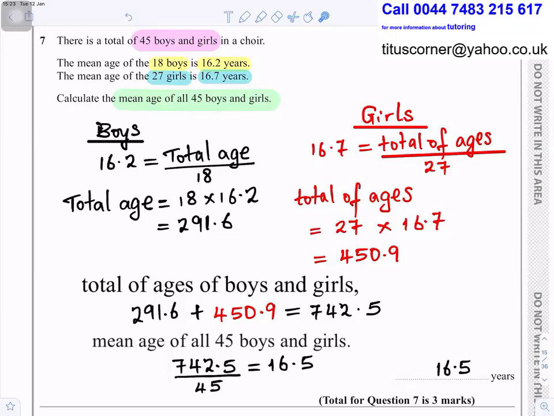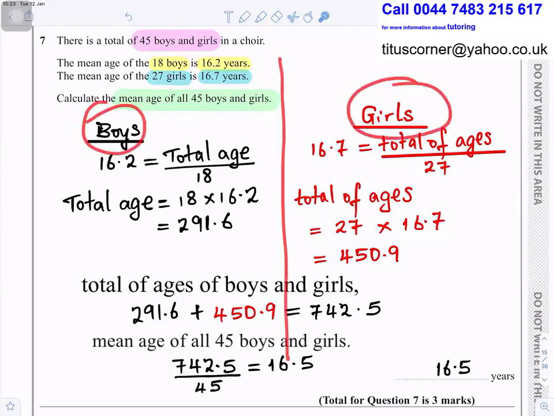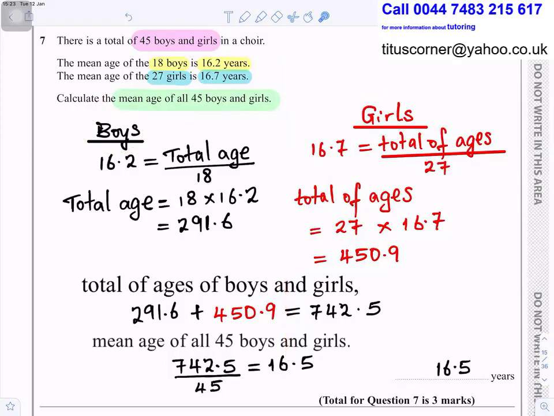I highlight all the important numbers, so it helps me look at it quickly. And I try to divide it into two sides. The left side deals with the boys and the right side deals with the girls. In that way, I don't mix numbers and my work will be a bit more presentable.